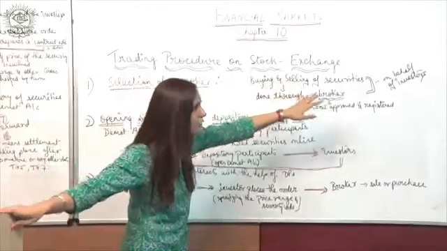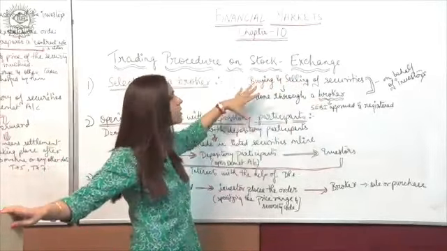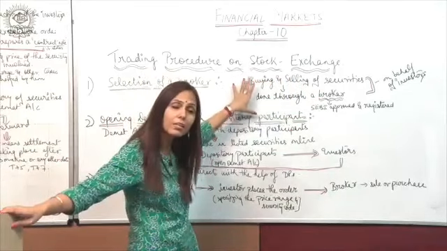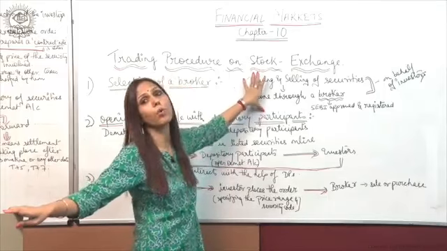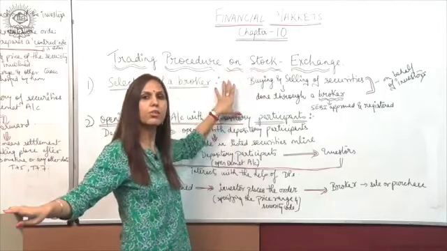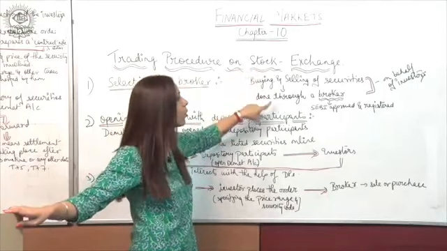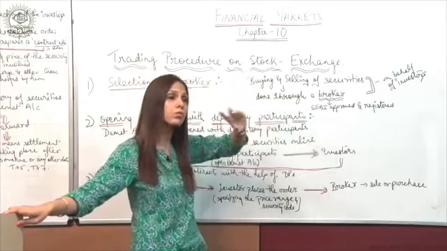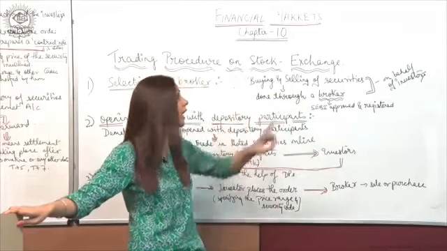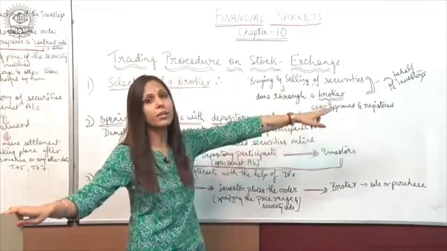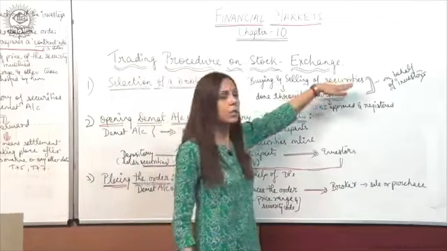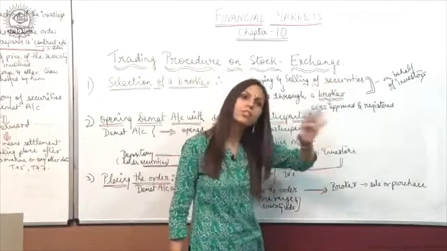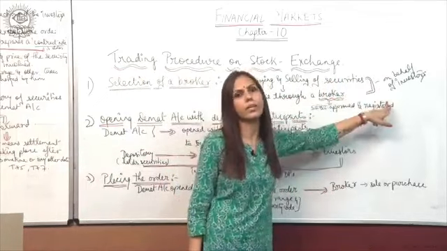Buying and selling of securities is always done with the help of a broker. Fine. So as an investor, you have to find a broker, and those brokers on the stock exchanges are SEBI approved and registered. Brokers buy and sell securities on behalf of the investors.